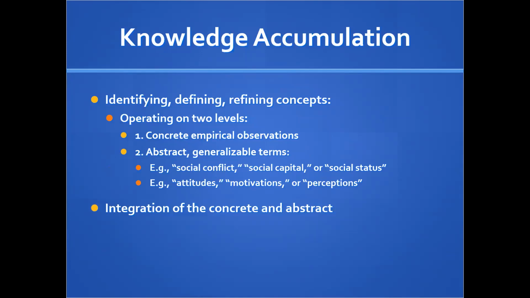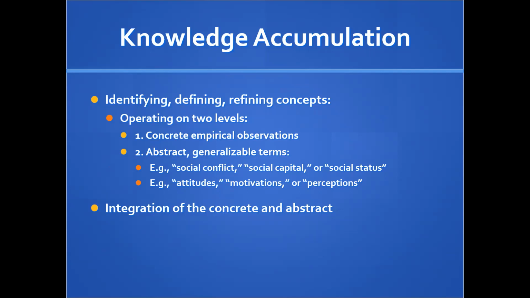And speaking of knowledge accumulation, there are instances that we have to identify, define, and refine concepts. So you have your concrete empirical observations based on your data. And out of what is seemingly concrete, one may need to come up with abstract, generalizable terms.